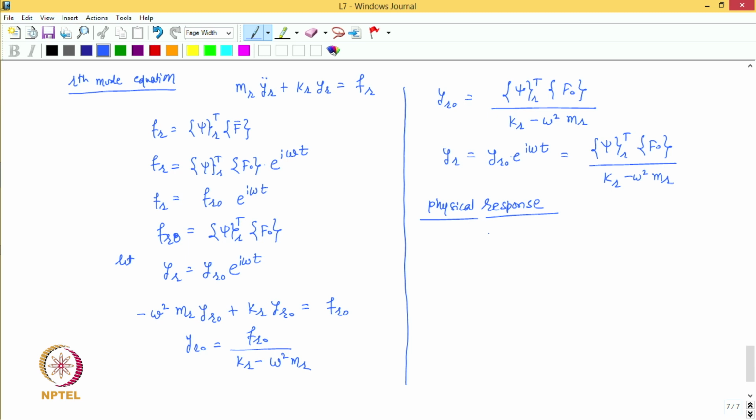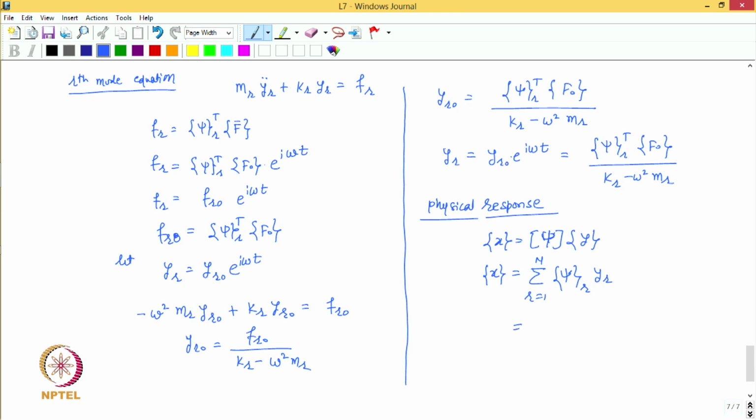And now we can substitute this modal response in the modal transformation equation, x is equal to psi y. We can also expand it and write psi r yr, with r varying from 1 to infinity.